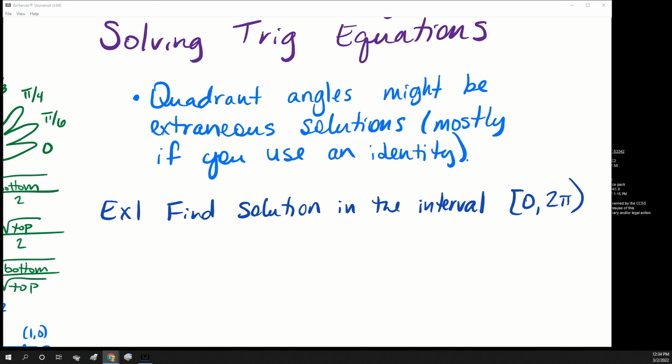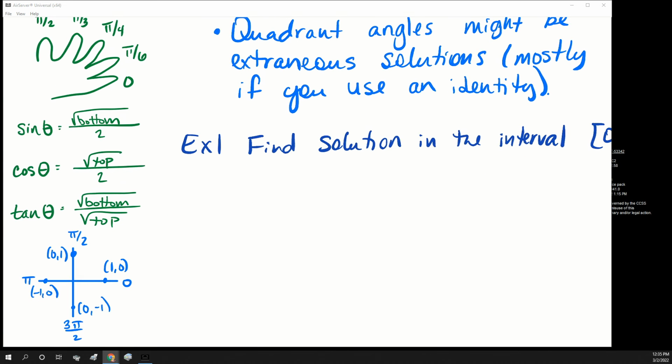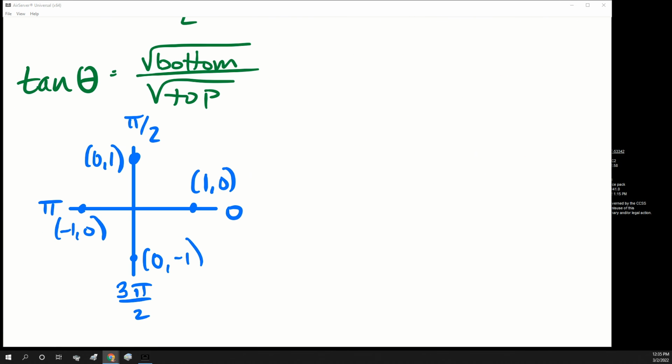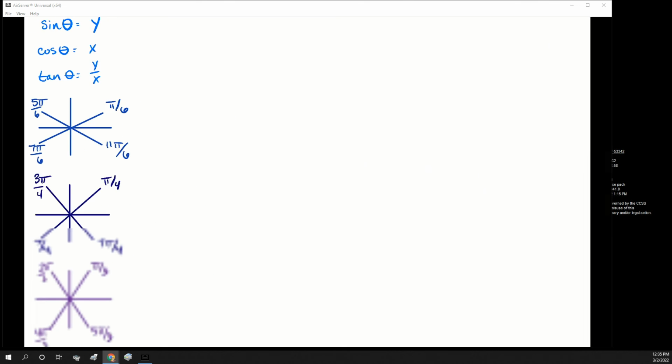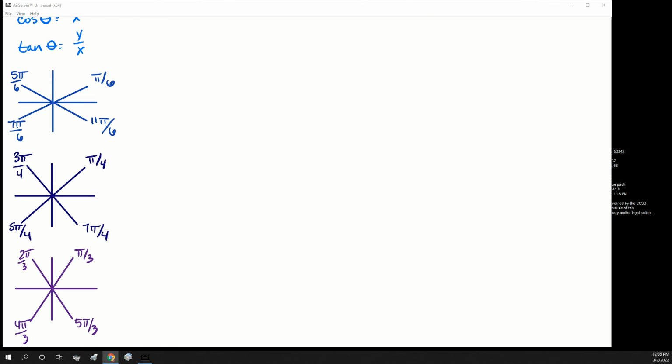So we are going to include 0 in our answers, but we are not going to give 2 pi as an answer. It's nice when you're given that interval, you don't have to do the plus 2 pi stuff, so we don't have to worry about that today. All of our answers are going to be one of these angles, those are the 12 angles.